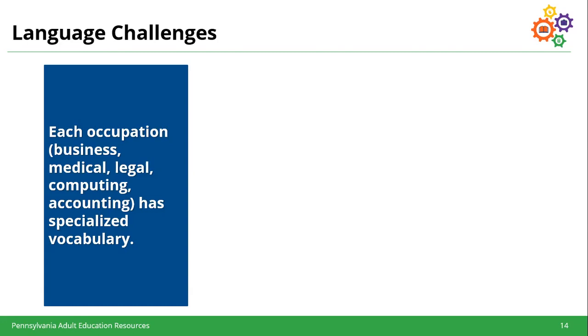In a specialized workplace, such as a medical setting, or even an industrial or construction setting, there is specific vocabulary that would not be familiar to individuals outside of that work setting. Each sector contains specialized vocabulary that may not be used in the same way as it is used in everyday speech, which illustrates a further challenge to language learners.